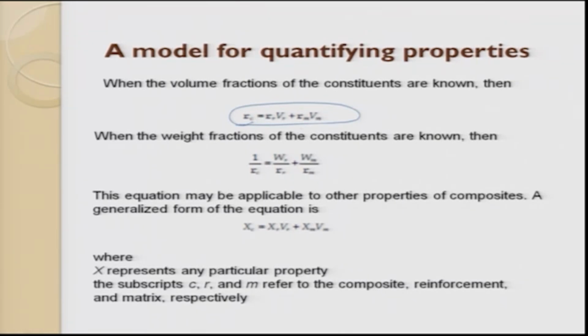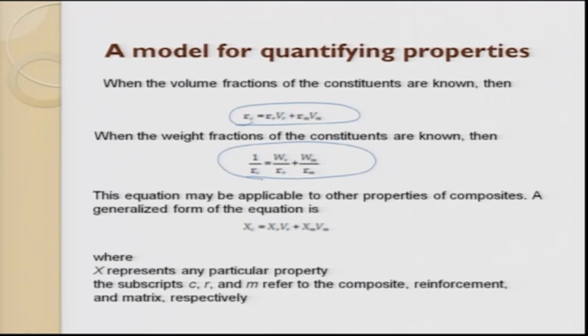So this calculation came from the previous one, and when we want to do it with respect to weight of the constituents, we just write 1 by R C is equal to the weight of the reinforcement divided by R suffix F plus the weight of the matrix divided by R suffix M. This equation may be applicable to other properties of the composite also.